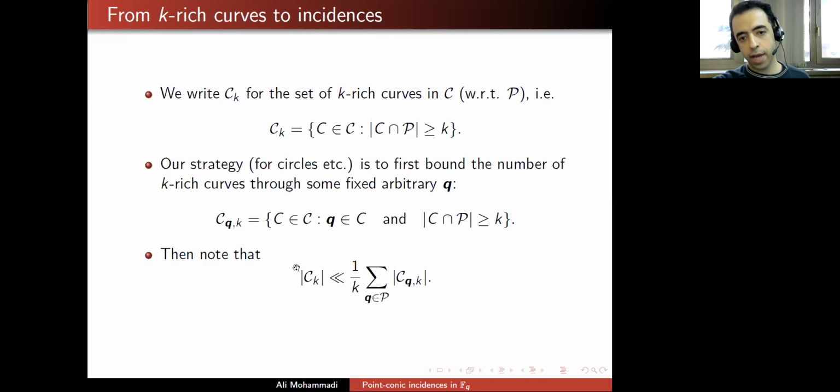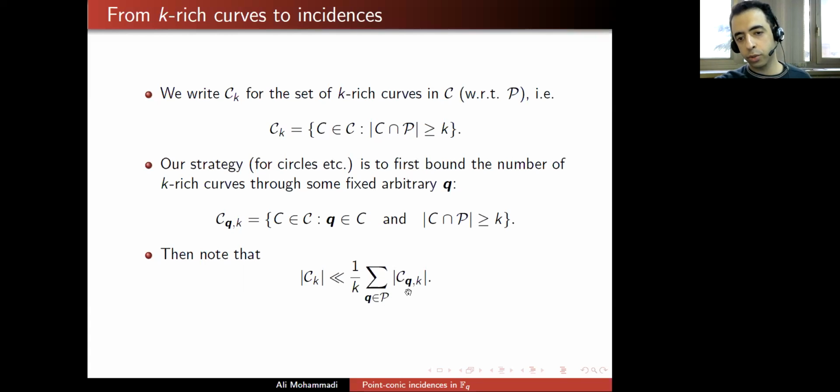But firstly, how do we go from this, let's say, local information to something about all our curves? It's just the observation that the K-rich curves in all of our set can be counted by summing up the contribution over all such C_Q^K as Q runs through all of P, right?